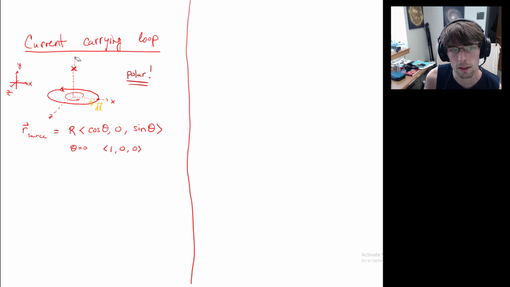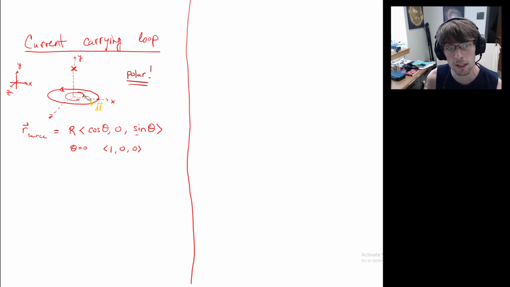Now, as theta starts increasing, I expect my x component to drop and my z component to get more negative. Is that what happens here? My x component certainly goes down. 1 is as large as it could go. But my z component becomes more positive. You see that as theta increases to pi over 2, my z component becomes more positive.